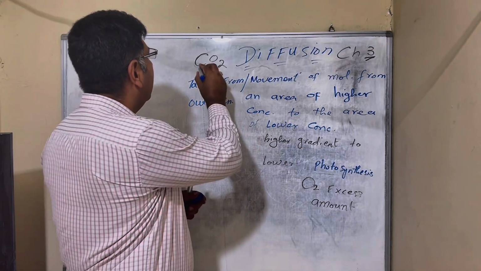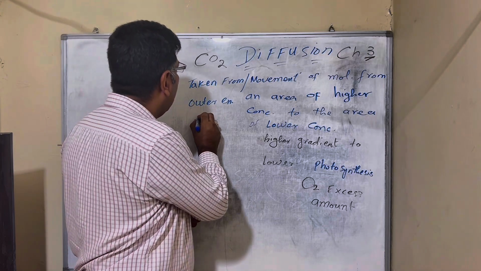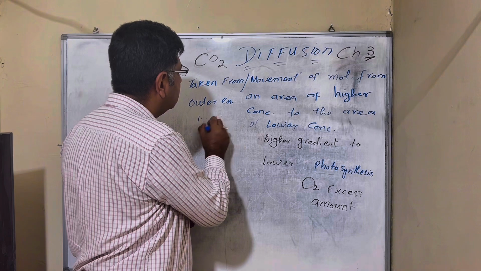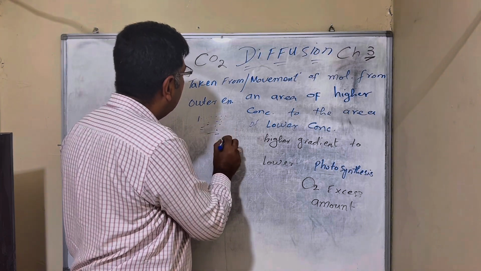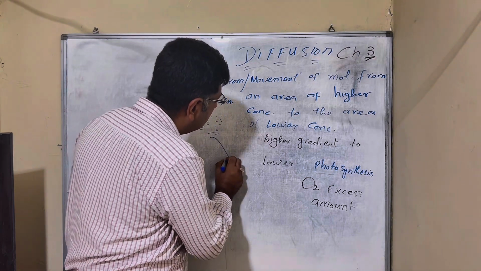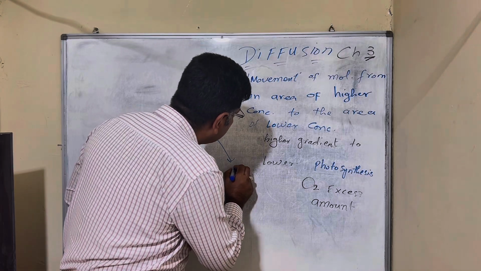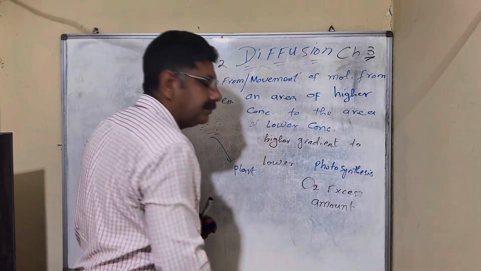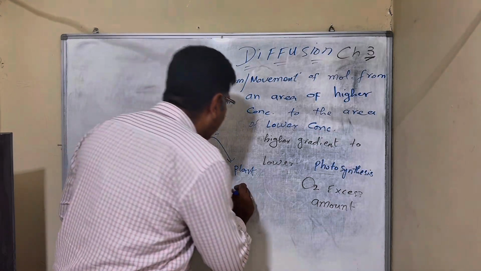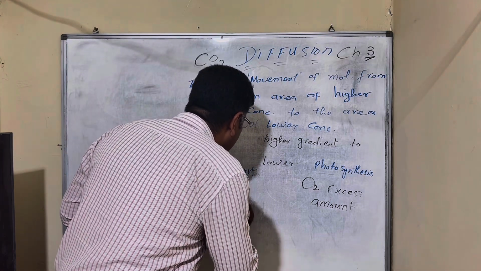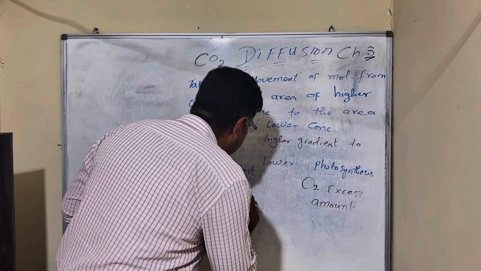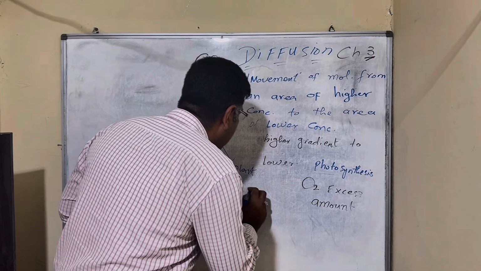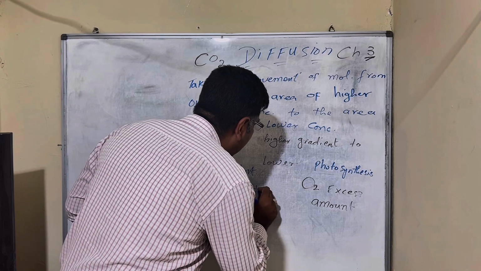Carbon dioxide is more in outer environment, so excess of this is there in the outer environment, so it will be diffused to the plant and inside of the plant. And oxygen is made here as a main product of photosynthesis. So here its concentration is higher.